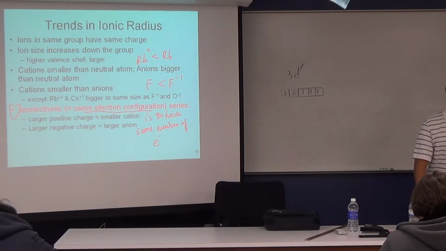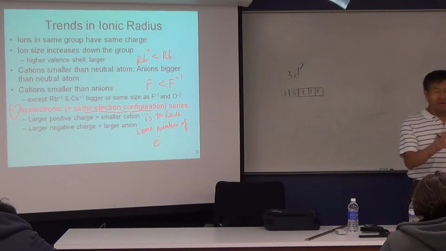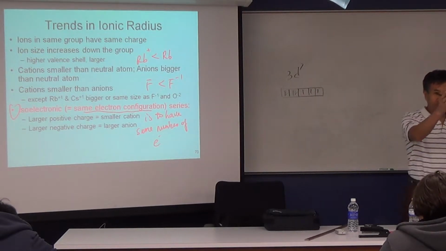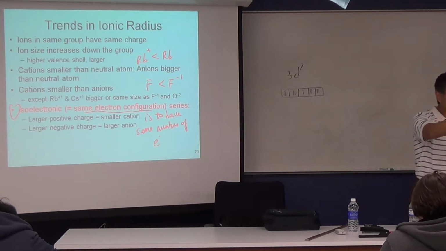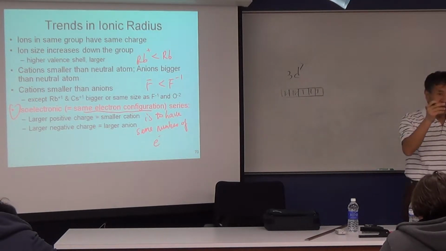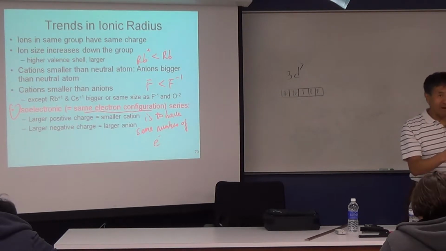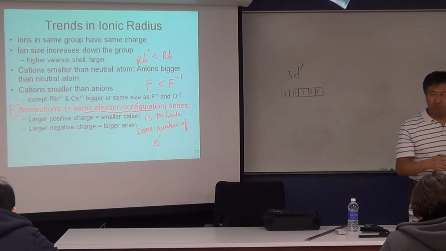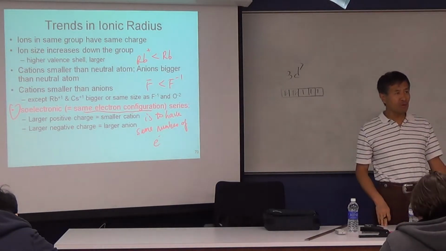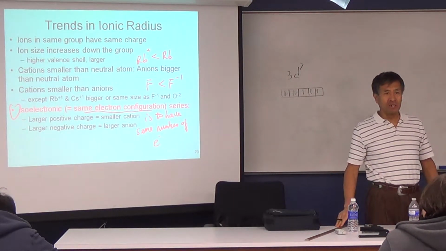If you have a question asking which one is bigger and which is smaller, and you see they are not in the same group, you cannot say the one on top is smaller and the one on the bottom is bigger. You are not comparing Na with Na plus. So those previous patterns cannot solve the problem. Think about this last pattern.